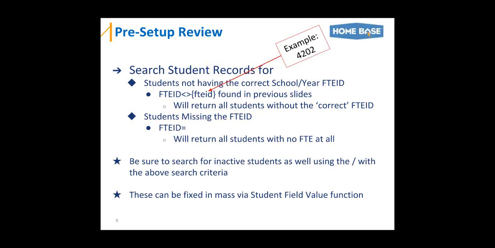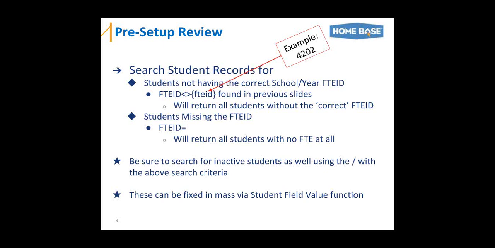On the other page, I found the ID to be 4202. So it will be FTE ID left bracket, right bracket, 4202. You don't need any of the fancy brackets that I put there, just the number of the ID. And that will return to you all students without the correct FTE ID for my current year.